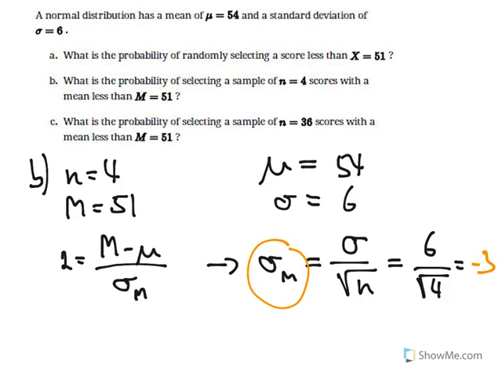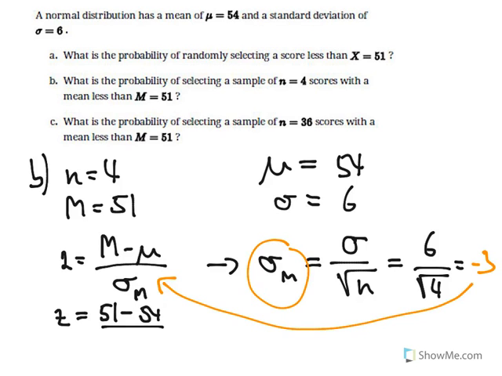So now, since we solved for that, we can plug it back in here because we have everything for this formula now. So we have the mean of the sample as 51. We know the mean of the population is 54, and we just solved for the standard error of the mean with 3.